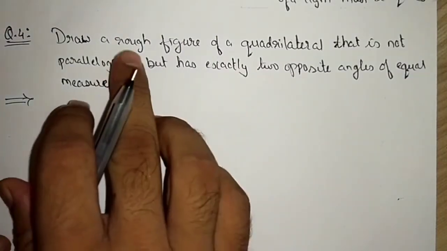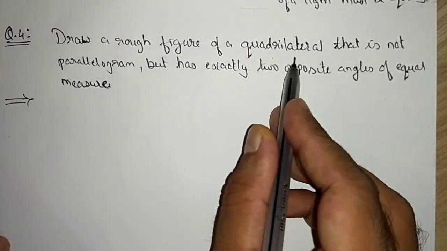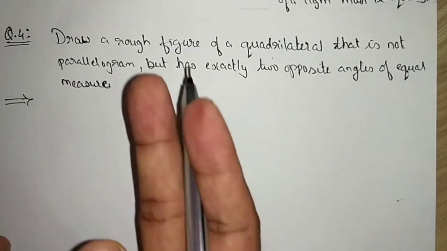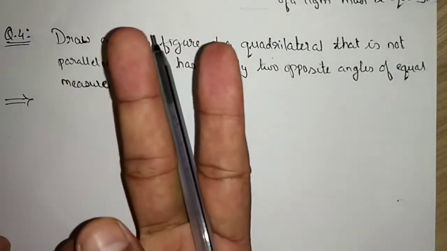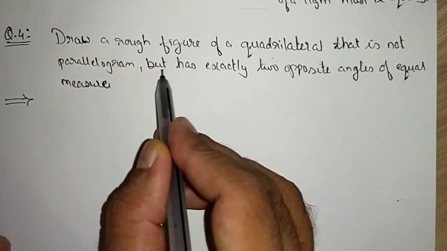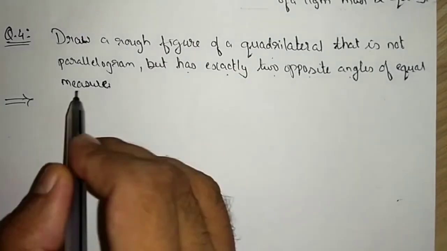We have to draw a rough figure of a quadrilateral. It must be a quadrilateral which is not a parallelogram. If it is not a parallelogram, then we have two options, either trapezium or kite. Again they have given us one condition, but has exactly two opposite angles of equal measures.